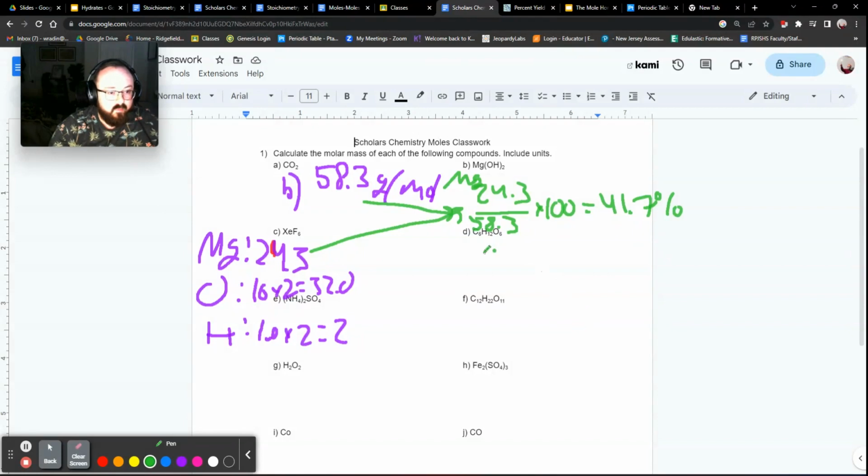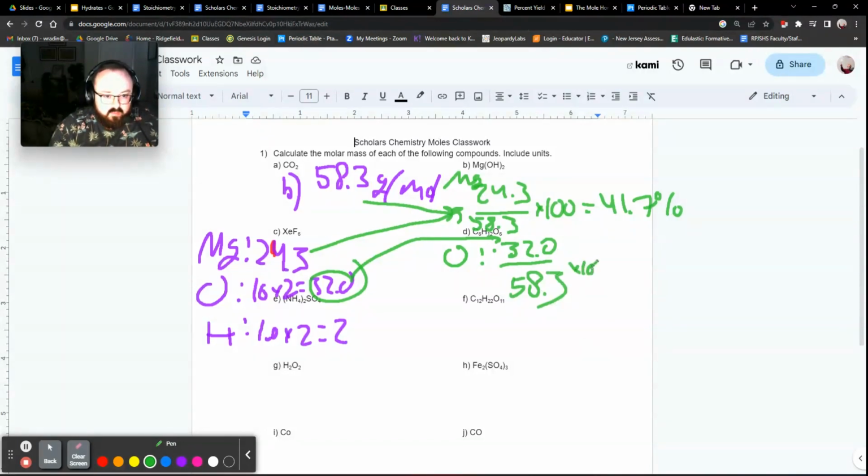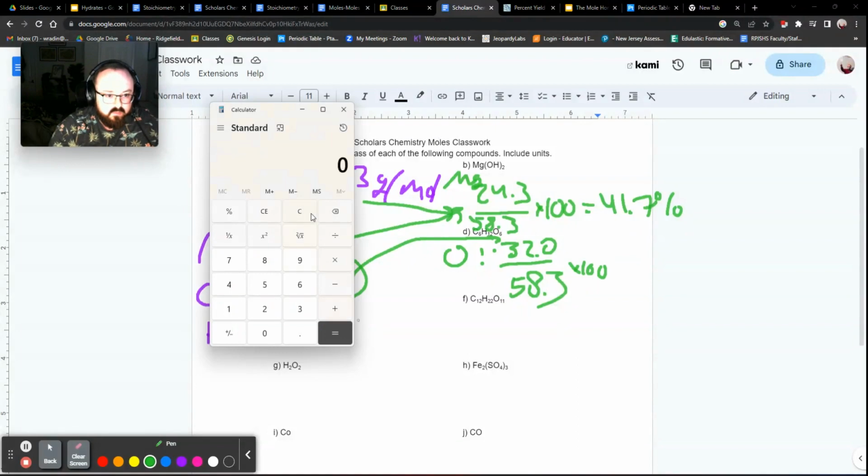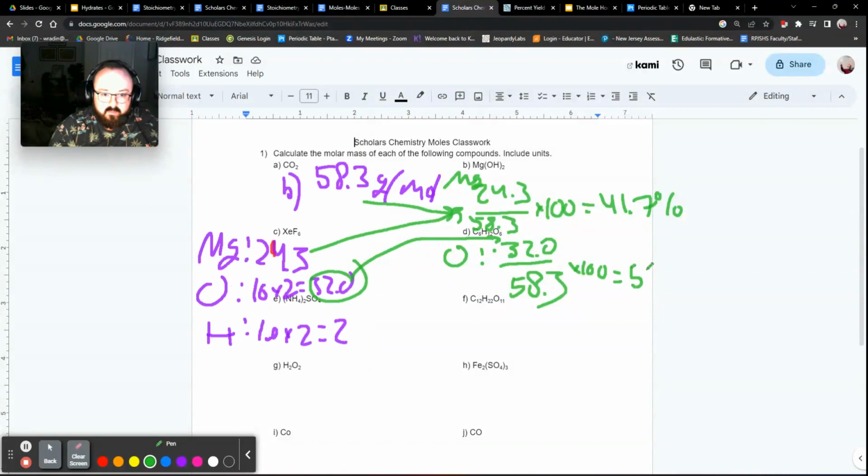All right, move on to oxygen. Again, we're going to take the bit of it, 32.0. We're going to divide it by 58.3. Multiply this by 100. 32 divided by 58.3, multiply this by 100. We get 58.9 percent.